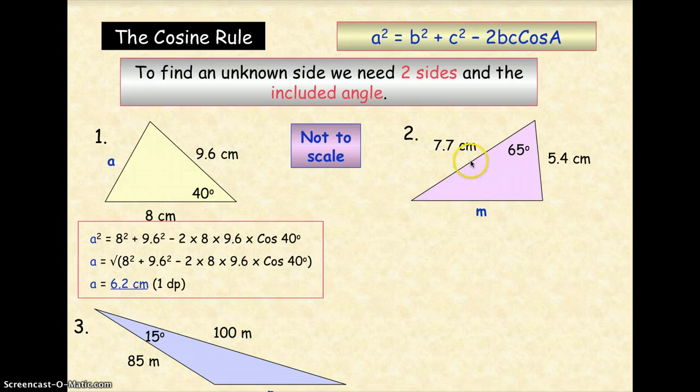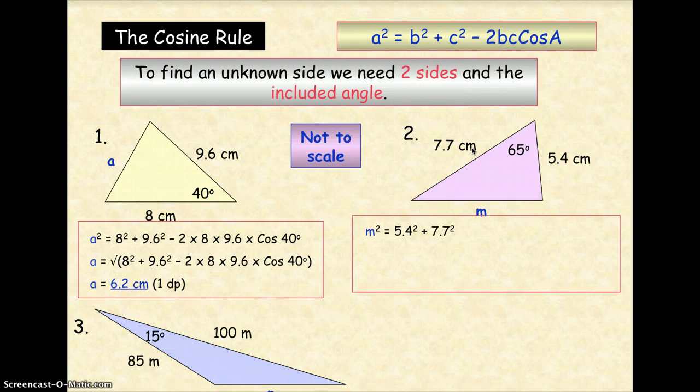Second example, the same thing. You're given two sides and the included angle. The angle that is given to you is the opposite, or corresponding, angle of the missing side. So again, it's easy to plug in the values because it doesn't matter with these two sides which one is B and which one is C. Let's plug in the values.